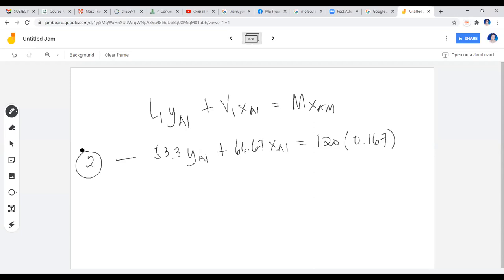Then, based on what I have discussed on the fundamental principle of leaching, what is it that you can recall that we can use here? That way I can find XA1 and YA1.